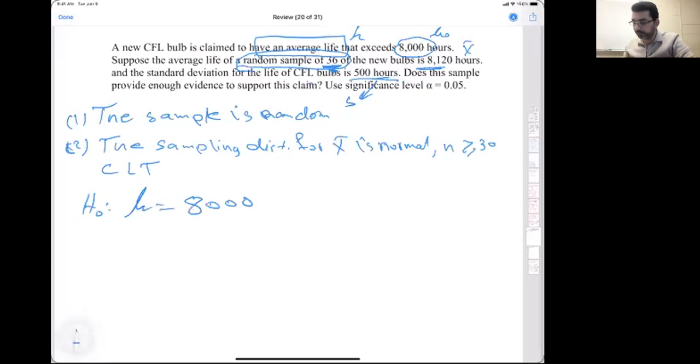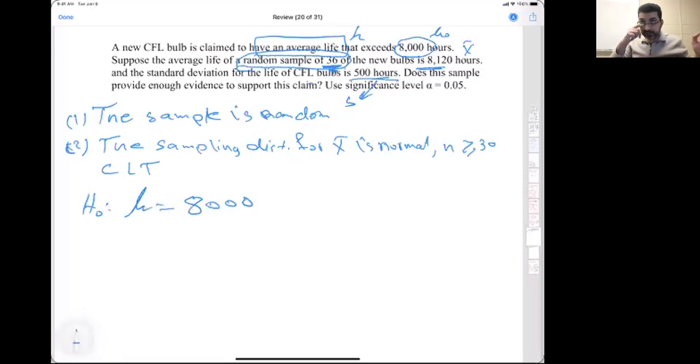So the question is, does this sample provide enough evidence to support the claim? It doesn't say whether the CFL bulb is less than 8,000 hours or greater than 8,000 hours.